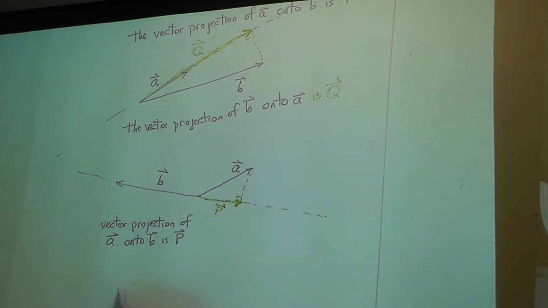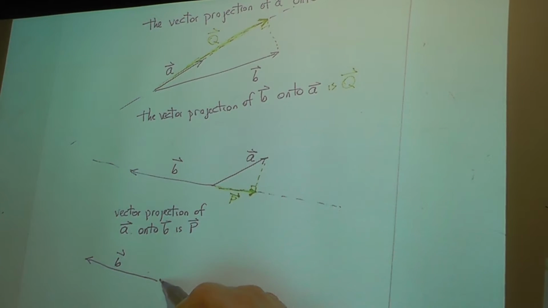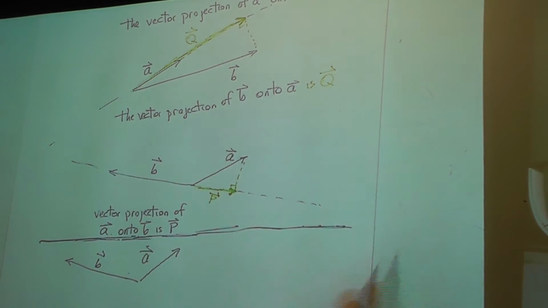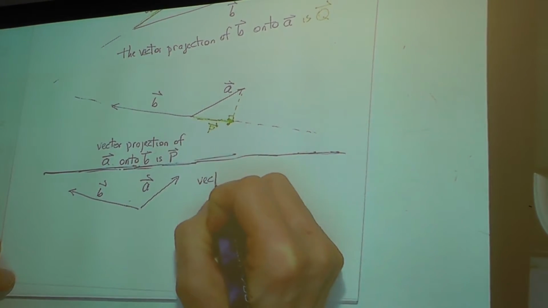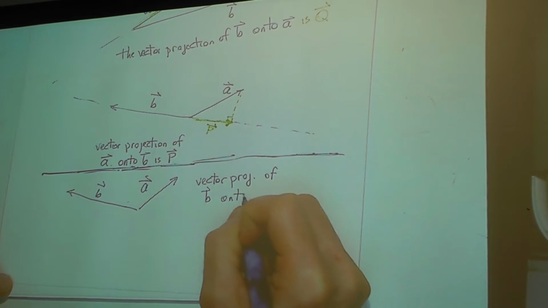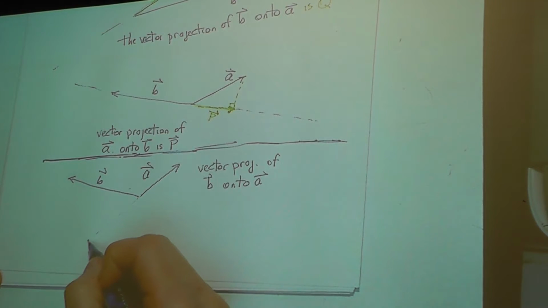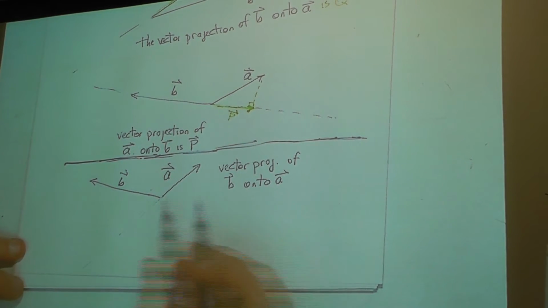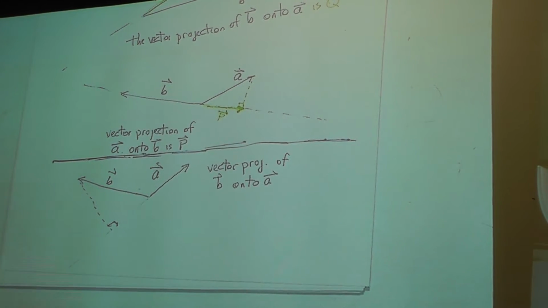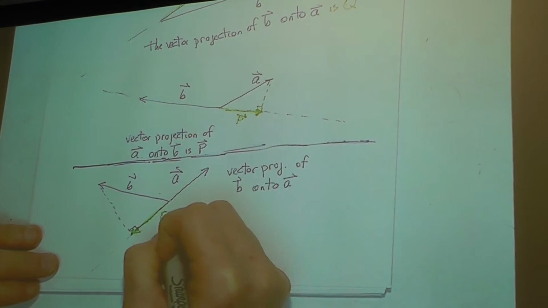Same picture. So if this is B and this is A, if I want to take the vector projection of B onto A, I'm going to pull the vector A back, drop a perpendicular starting at the head of B down to A, and that's that.